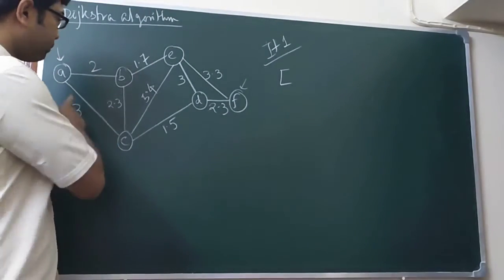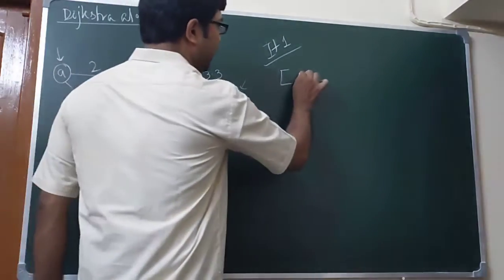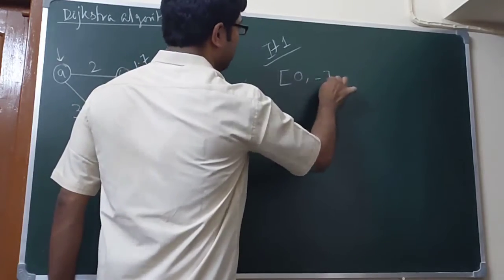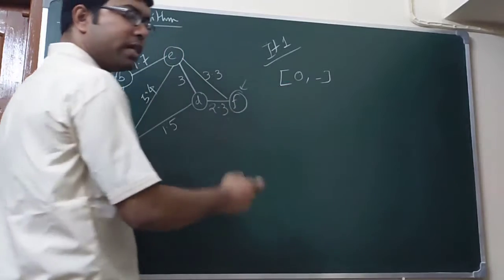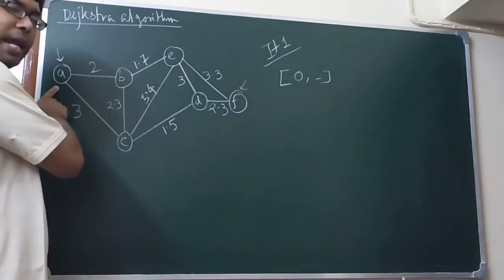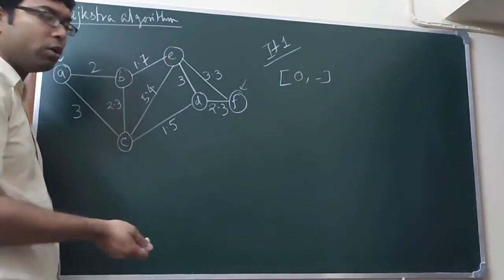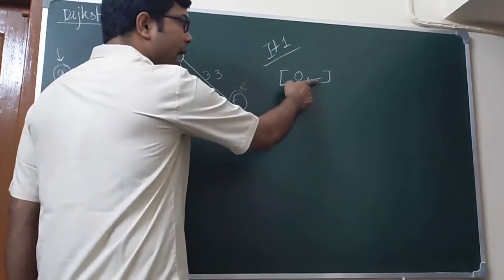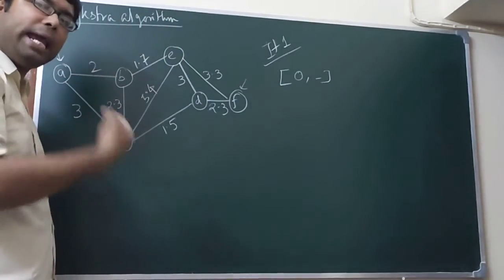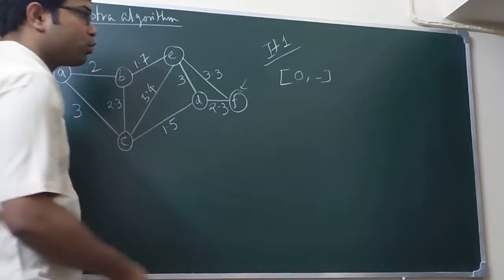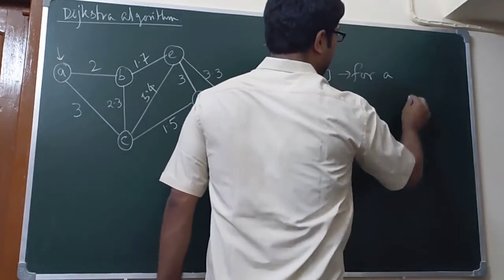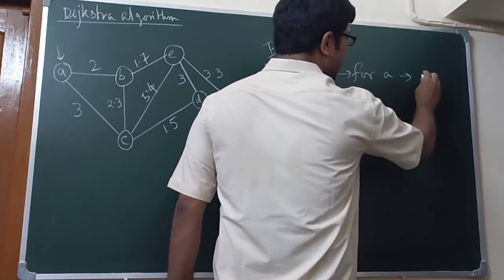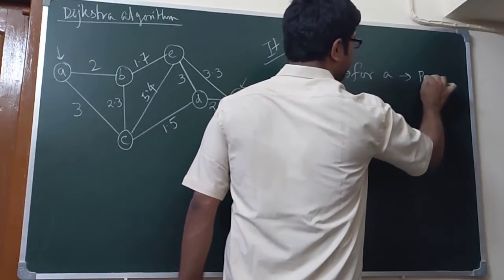For the source node, the label is 0, null, because the first parameter denotes the distance. As A is the starting node, the distance is 0, and A is reachable from A, that is null. So for A, we make the status permanent.